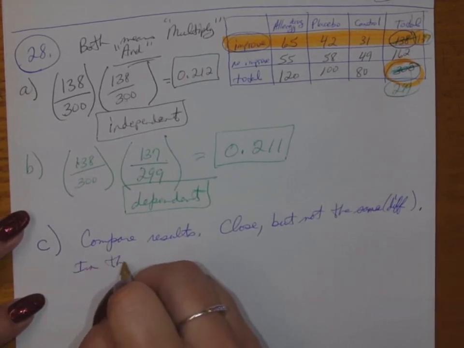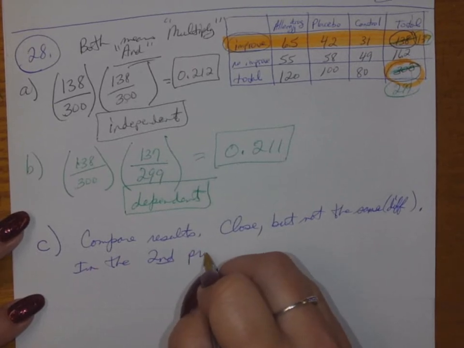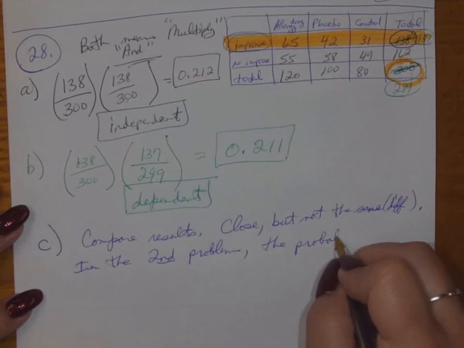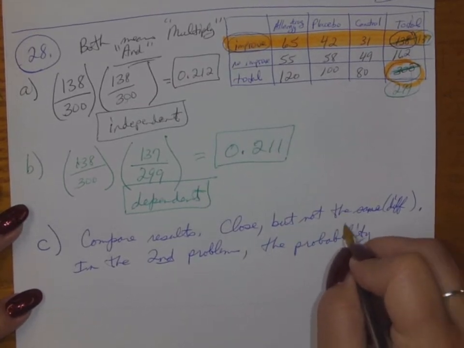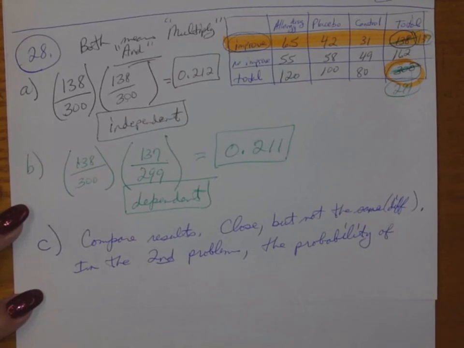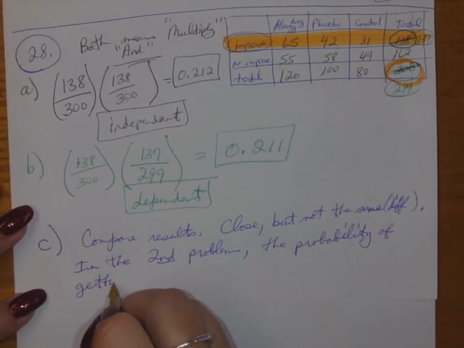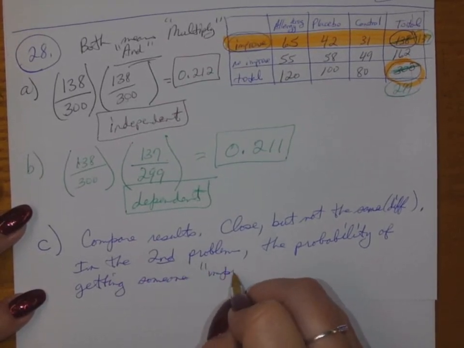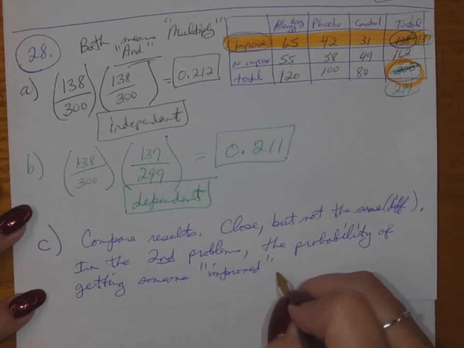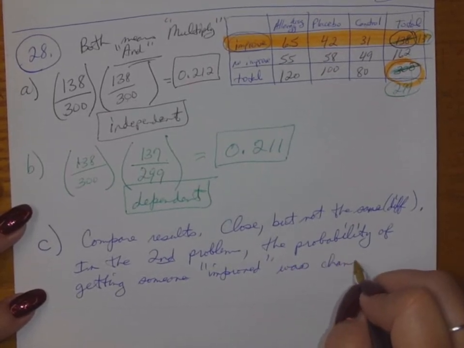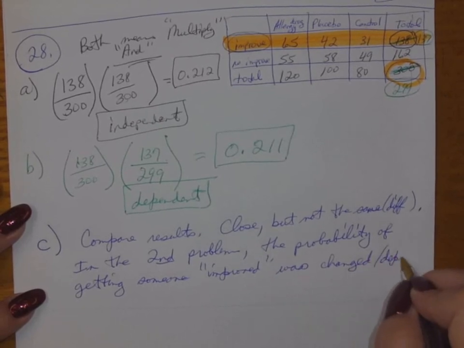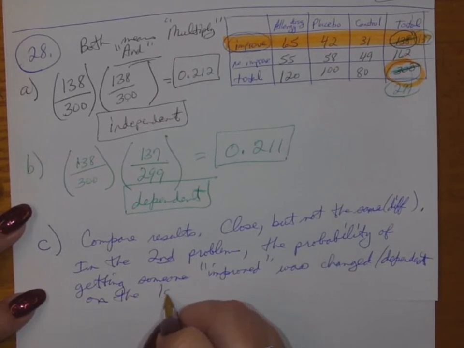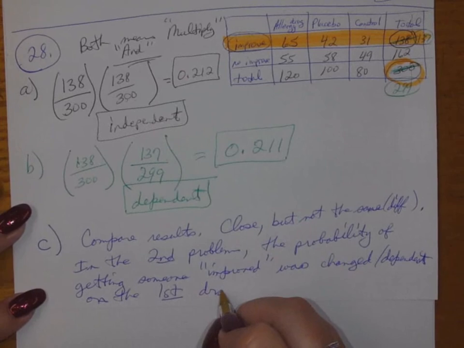In the second problem, the probability of getting someone who improved was changed, dependent on the first draw.